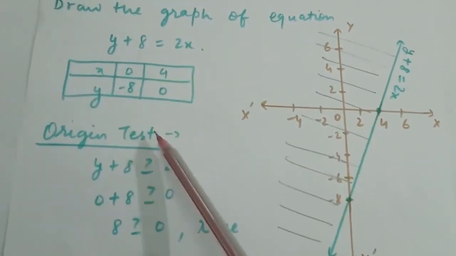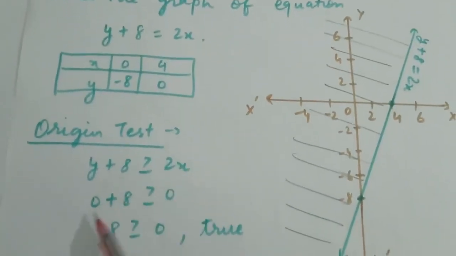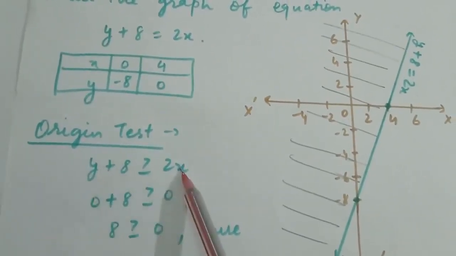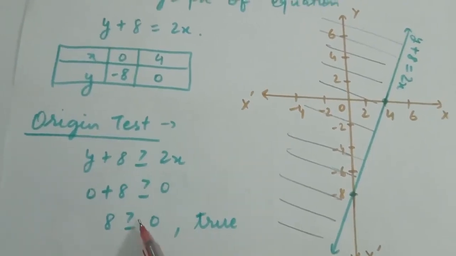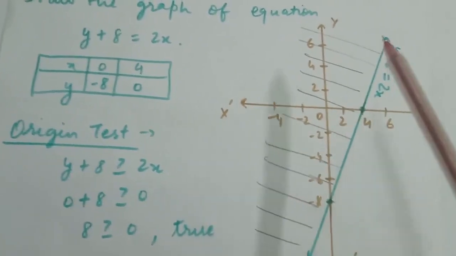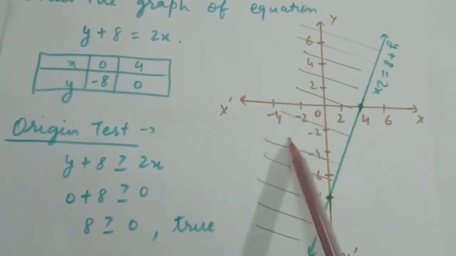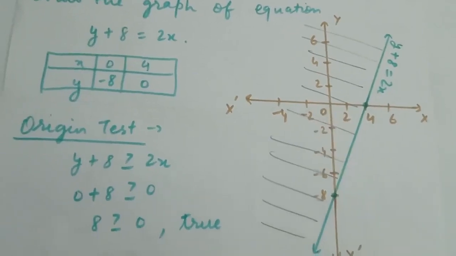Now doing the origin test, this is your given inequality. In place of y and x, put 0. So we'll get 8 greater than or equal to 0, which is true. Therefore, we will shade this half plane containing the origin, right? Clear?